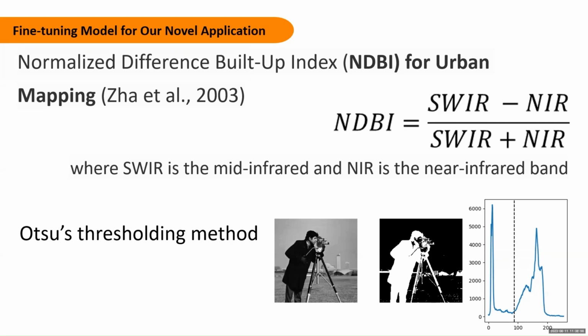And we adapted the available flood data for this purpose and masked those data to show the NDBI index in each one of them, and then used the original flood data and the mask data to train the model and build our fine-tuned model.